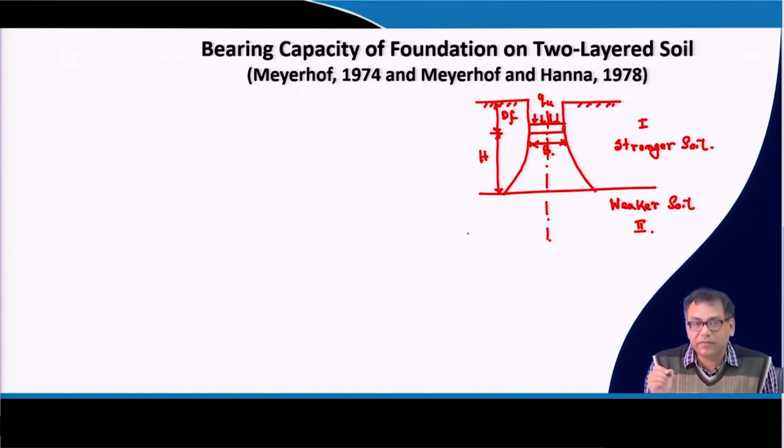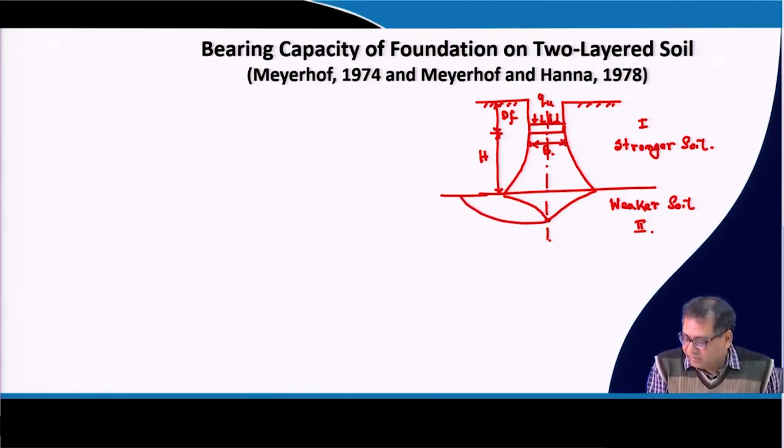Okay, so, this is in the first layer, the stronger layer. Remember that if the h value is not very large, if the h value is small, then the second layer will be influenced. And this is the failure surface. Okay. So, this is the probable failure surface in this case.